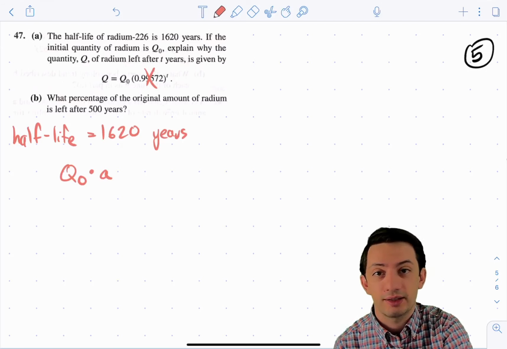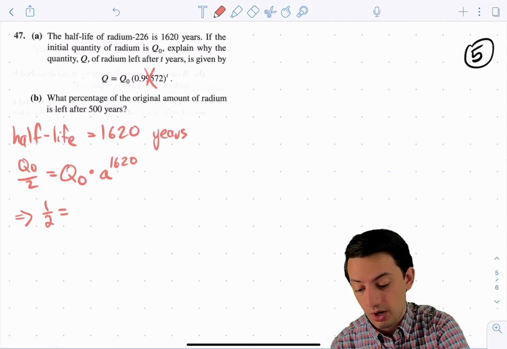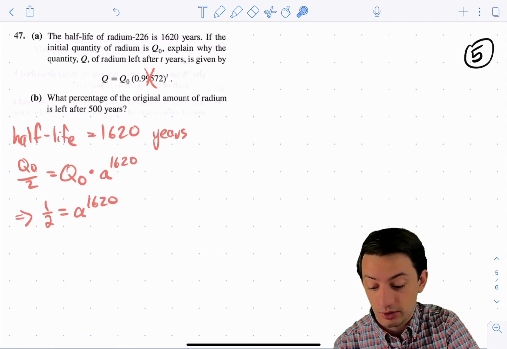So this is an equation with two unknowns at first, right? It's got Q0 and a. But let's first divide both sides by Q0. So that's a 1/2 on the left and a 1 on the right is a to the 1620. And now what we have is an equation with only one variable, so we can solve for a.